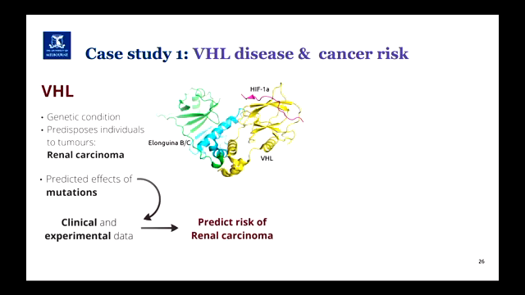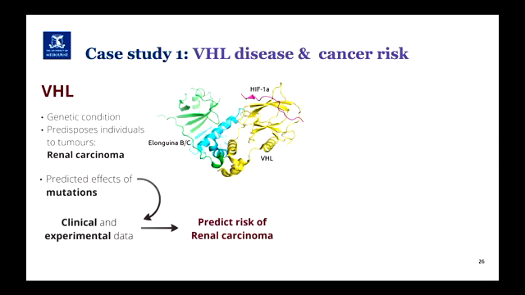And instead of saying, well, if you have a mutation, regardless of what is in VHL, you need to be screened, we need to take care of you because it's likely that you're going to develop kidney cancer, what we did was we used our computational platform to try to segregate mutations in molecular mechanisms, given that we know that VHL interacts with other proteins, for instance, characterizing mutations that are affecting stability and affecting protein-protein affinity, and how this links with clinical experimental data we have.